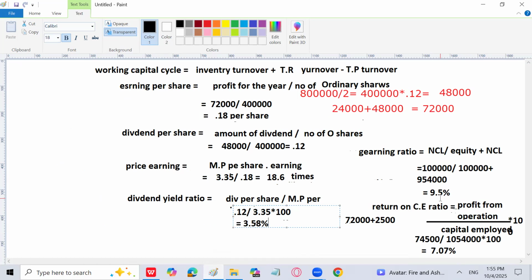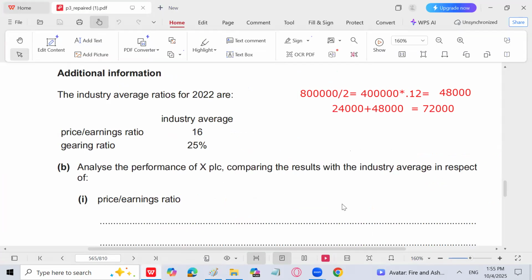So we can increase it to 25% because 25% is considered to be a good ratio regarding gearing ratio. It means that all of your investment is not at stake. Some part is financed through non-current liabilities. This is also known as capital structure, right? So we are done with this particular part of the question.